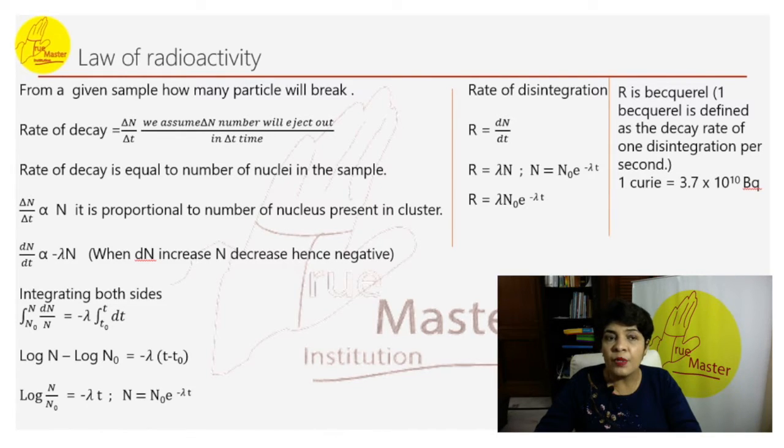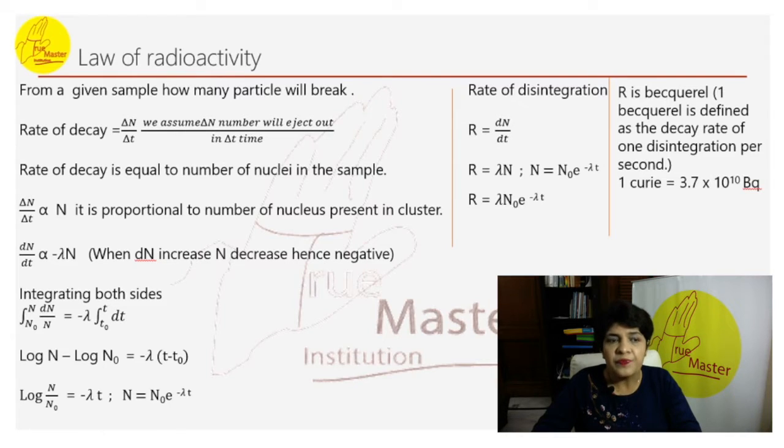dN is the number of radioactive nuclei which disintegrate in the small time interval dt. By using probability, the decay behavior of a large number of nuclei can be predicted. As per the radioactive law, the number of nuclei disintegrating per second in a radioactive sample at any instant is directly proportional to the number of undecayed nuclei present in the sample at that instant.